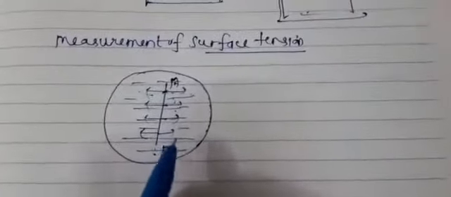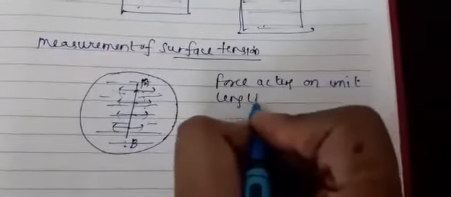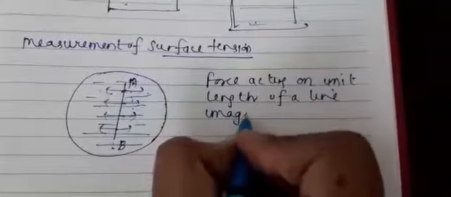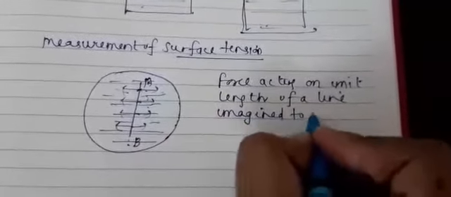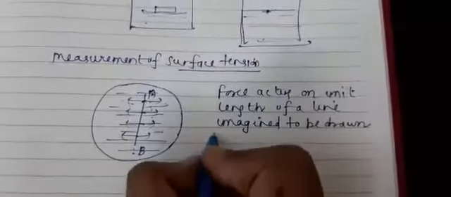So if I have to just give it a definition, how can we measure surface tension? That surface tension of a liquid is measured as force acting on unit length of a line imagined to be drawn tangentially.